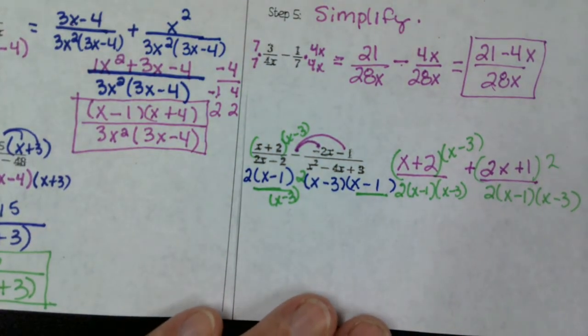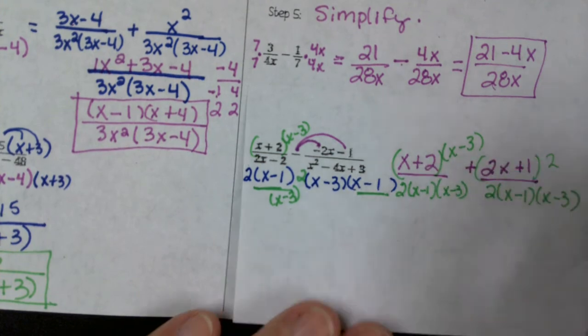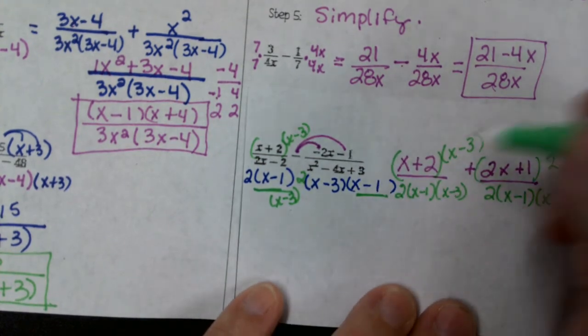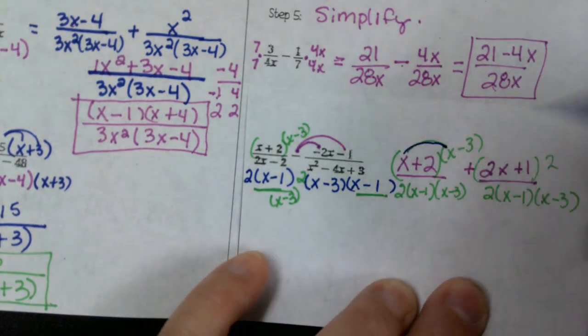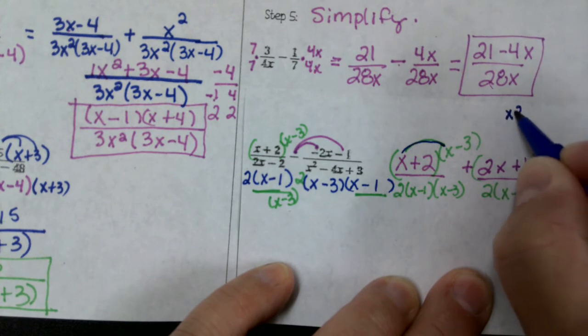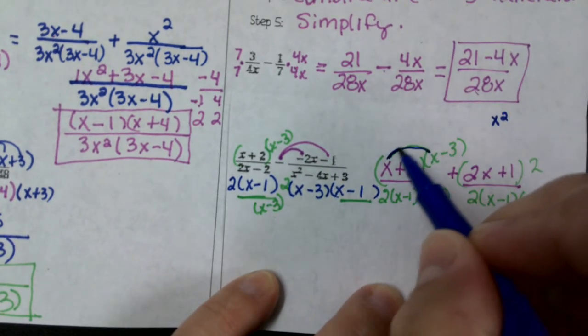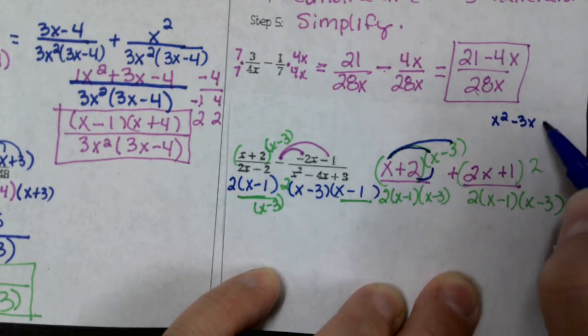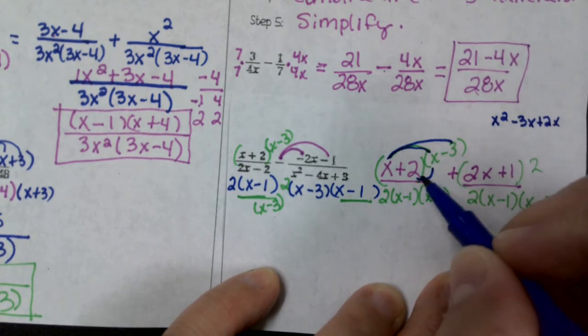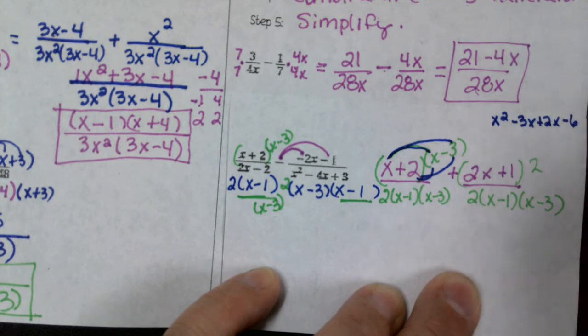Okay, so let's remember how to multiply these. I have x times x, which is x squared, x times minus 3, which is minus 3x, 2 times x is 2x, and 2 times negative 3 is negative 6.